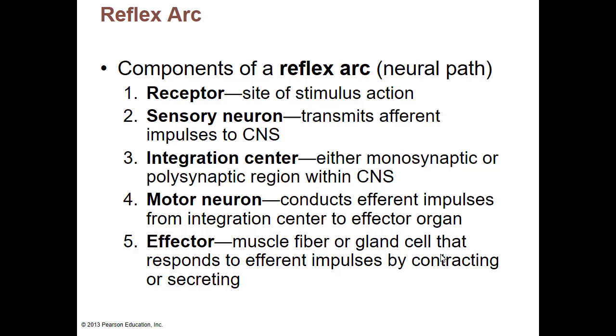Now, once they get to the spinal cord, which is part of the central nervous system, depending on where they are, a monosynaptic means only one, one synapse. Which just means one neuron talks to one neuron, and that's it. There's no other communication. It's monosynaptic. That information goes from one neuron to another. It goes from a sensory neuron to a motor neuron.